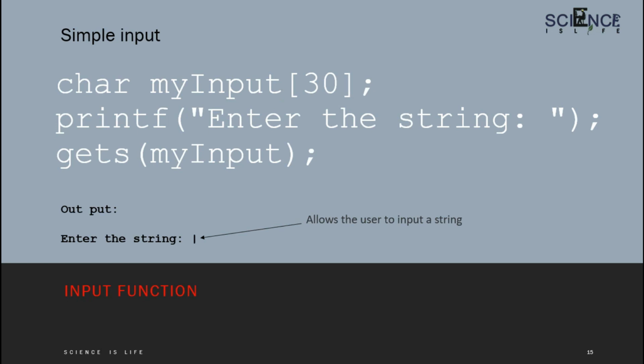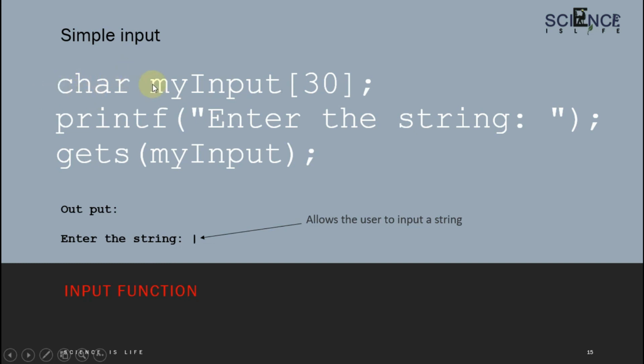It allows the user to enter characters in string format, and it stores them in a character array. It is very different from scanf because we can enter only string values, and it stores them in a char array, right?